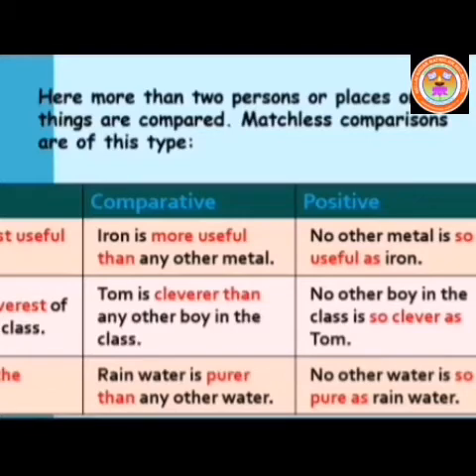See the positive form, children. No other metal is so useful as iron. In the comparative form, iron is more useful than any other metal. Then superlative form, iron is the most useful of all metals.